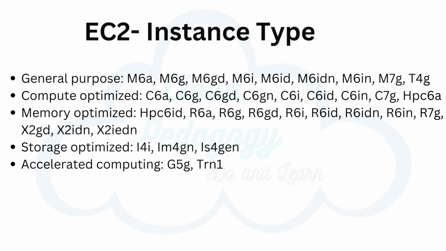Whereas the M5 general purpose EC2 instance family provides a balance of resources and are great for applications that use these resources in equal proportions like web servers, our student directory application for example, or things like code repositories.